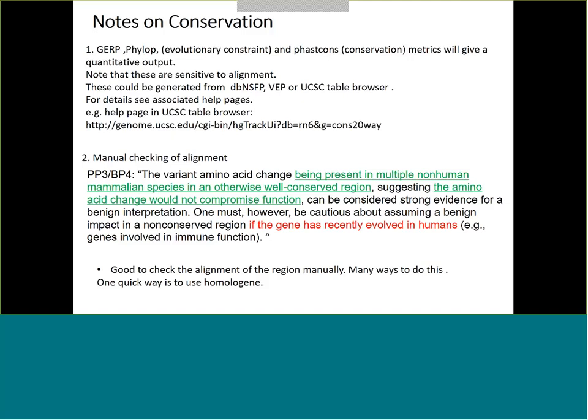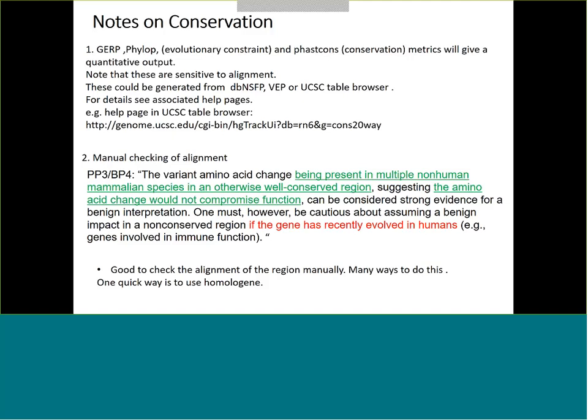But if you're getting it from dbNSFP or VEP, then you have fixed choices. And for details of this, you could go to the help page and for the interpretation. And the UCSC Table Browser allows you to generate all three and has a very good summary description of these.